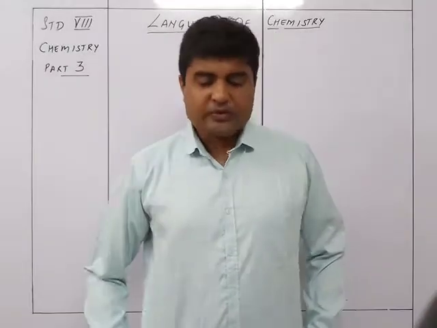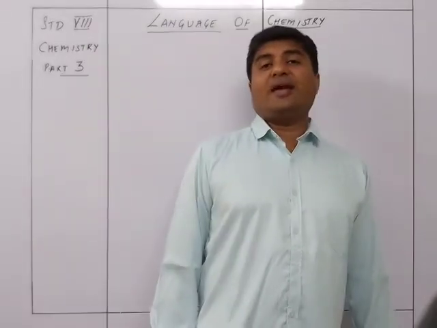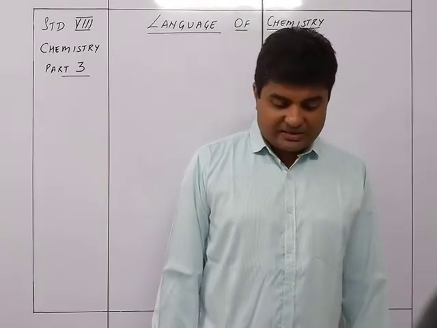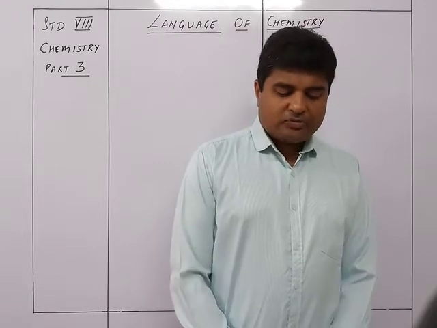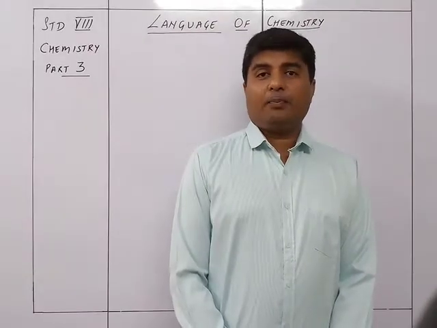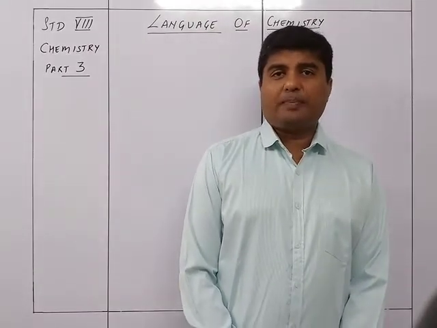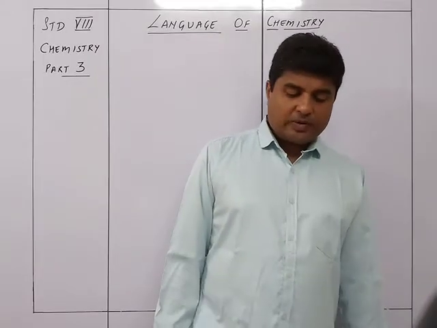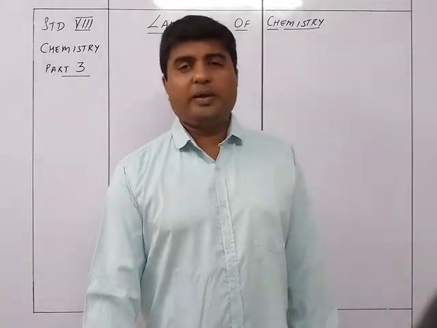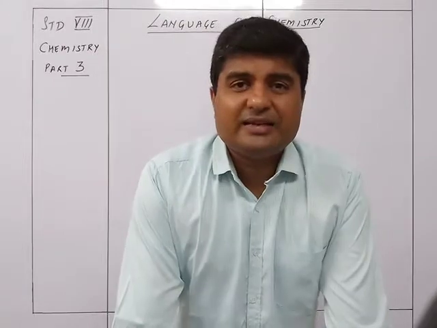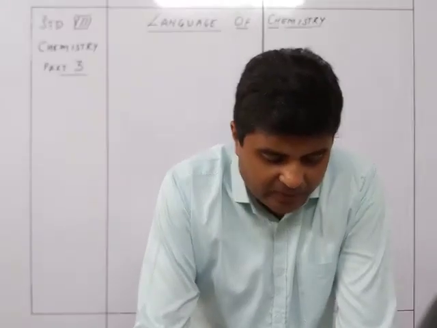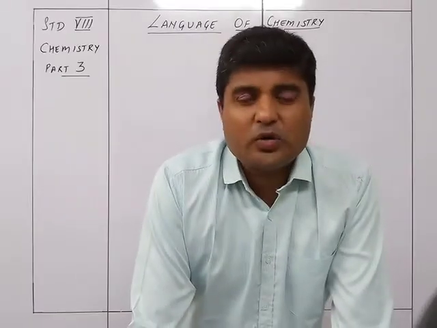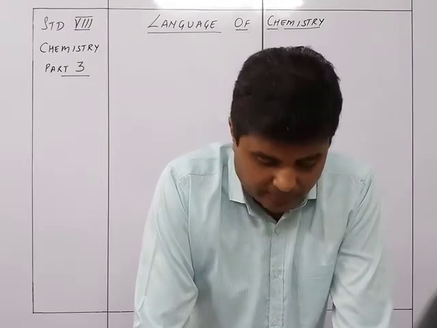Then comes neon, which is 2, 8, valency 0, hence it is a noble gas. We move to sodium. Sodium is 2, 8, 1, again plus 1 will be the valency, so it's a metal. Magnesium is 2, 8, 2, so plus 2 is the valency, that's why it is a metal. Aluminum is 2, 8, 3, so plus 3 is the valency, a metal.